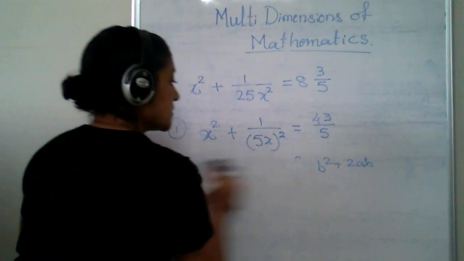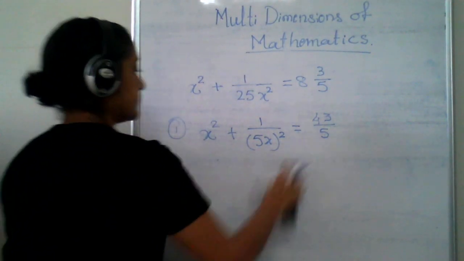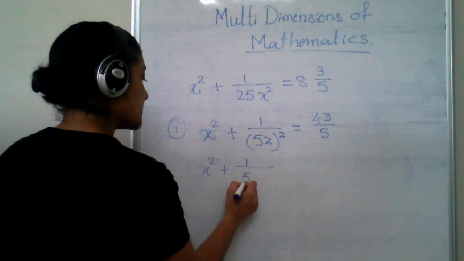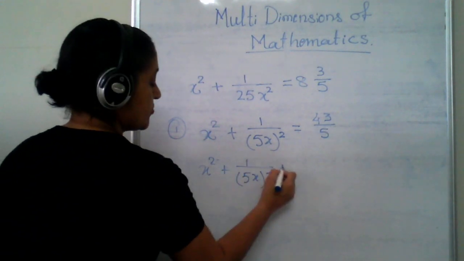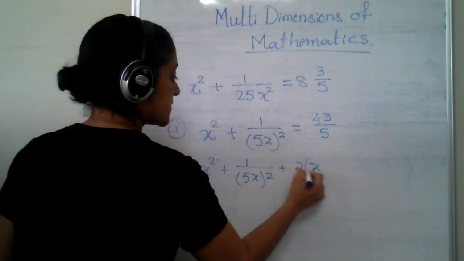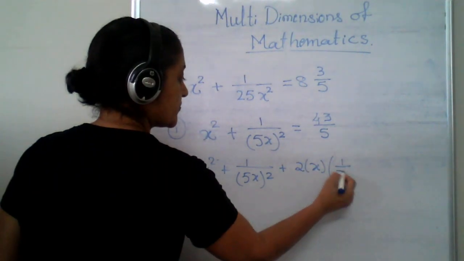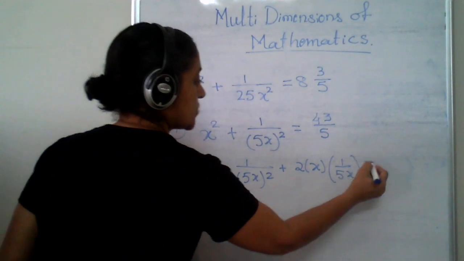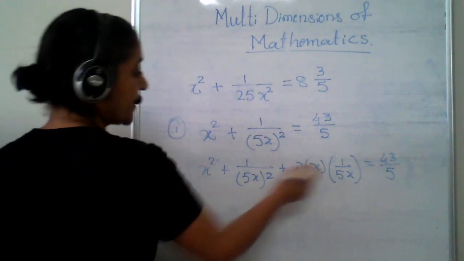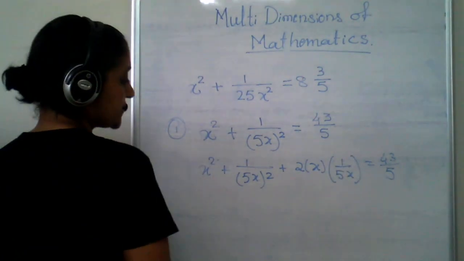Now it will be x square plus 1 upon 5x bracket square plus 2 into x into 1 upon 5x equal to 43 upon 5. Okay, you have added it, but you will have to subtract the same over there.